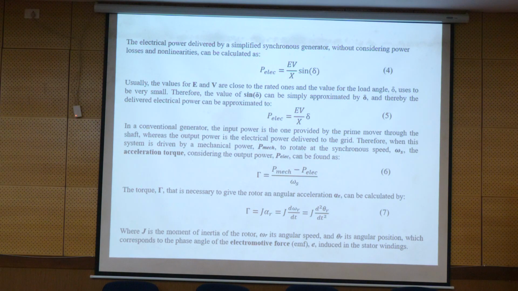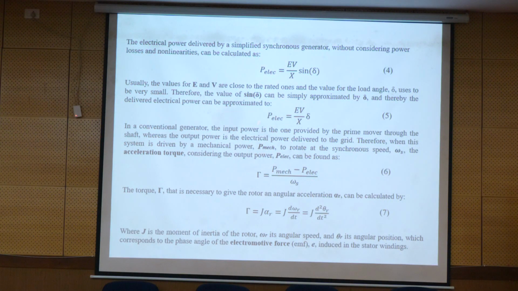This torque gives the rotor an angular acceleration, which can be calculated by J times the acceleration, where acceleration comes from the force, and force comes from the provision of the kinetic energy.